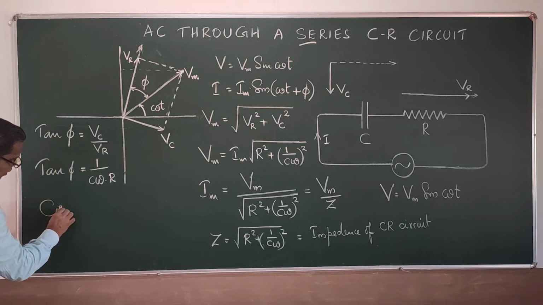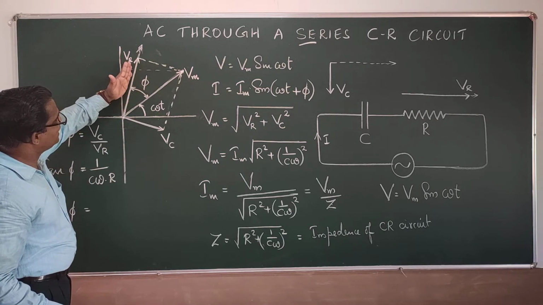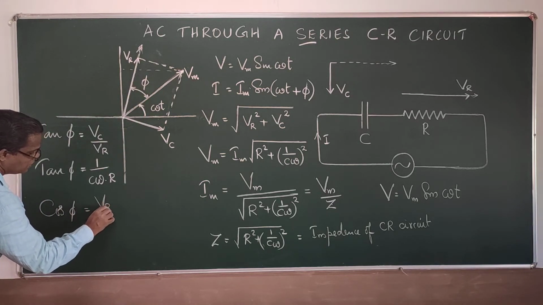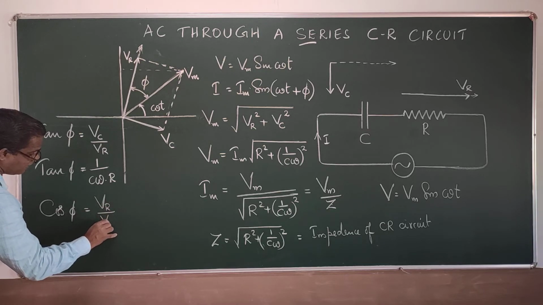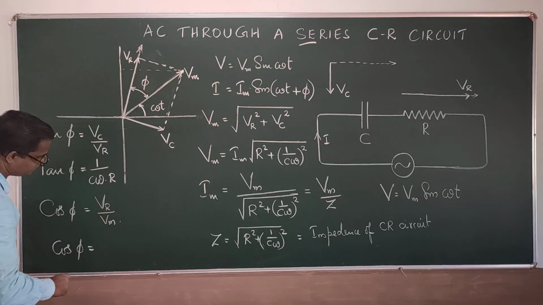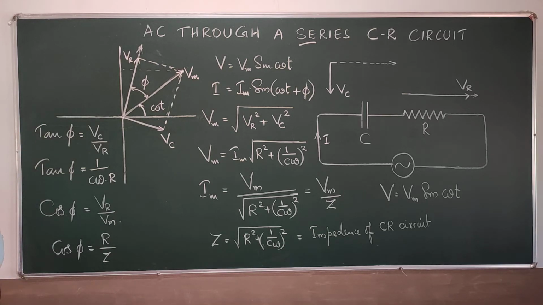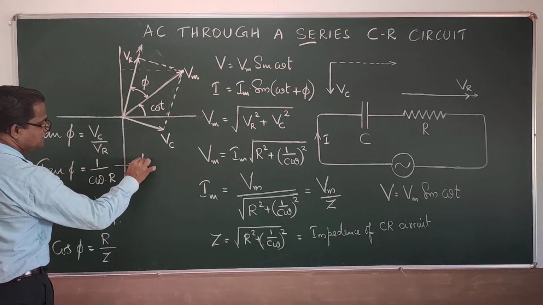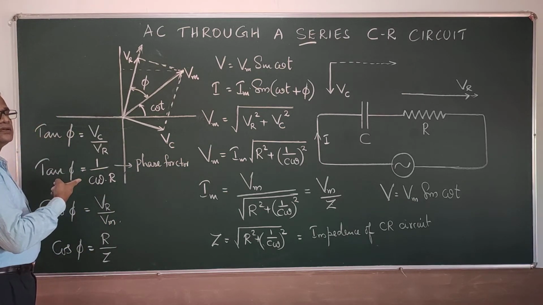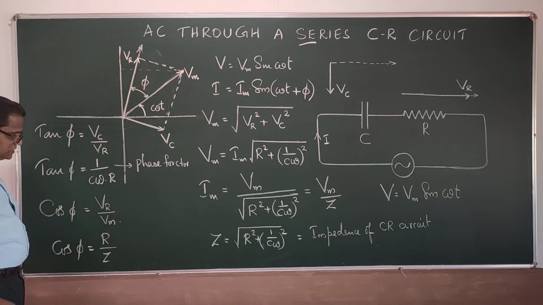Then cos phi is equal to adjacent side by hypotenuse. Adjacent side is Vr, Vr by Vm, or cos phi is equal to R divided by Z for the circuit. So this is the phase factor for the CR circuit, that gives the phase angle condition.